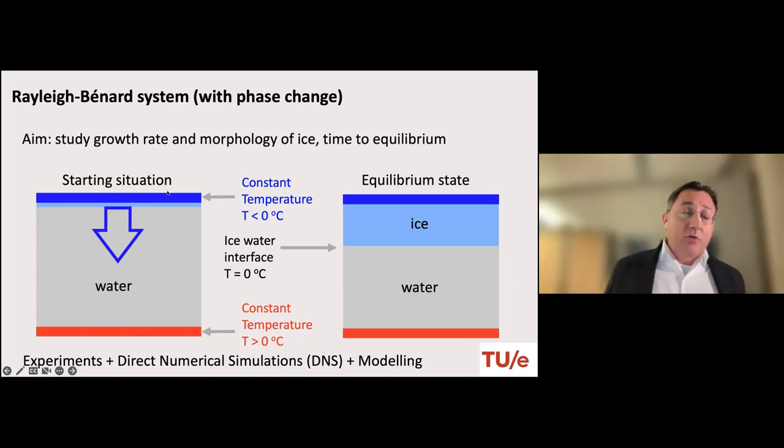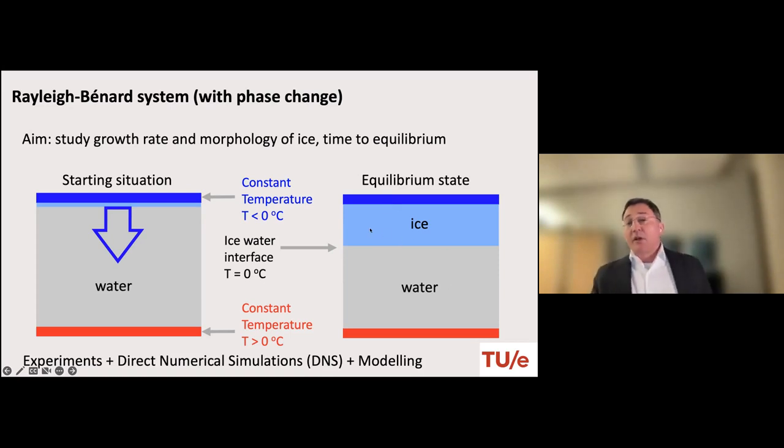So if you are in a situation where basically there is no flow, this is the classical Stefan problem. It's a three-dimensional cell, but eventually it is homogeneous in this direction, and it is effectively a one-dimensional system.